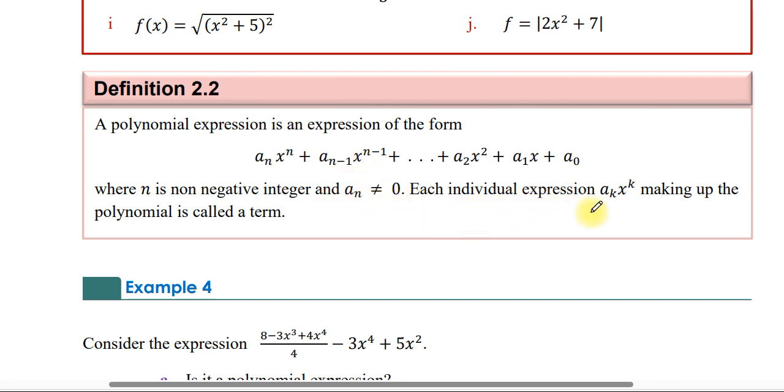Each individual expression ak x to the power of k makes up the polynomial is called the term. Okay, እንግዲህ ይሄ አጠቃላይ እዚህ ጋር የተቀመጠው ነገር የምታዩት ምን ተብሎ ይጠራል? ፖሊኖሚያል ኤክስፕሬሽን ይባላል። ምክንያቱም ኤክስፕሬሽን ማለት is a collection of terms.